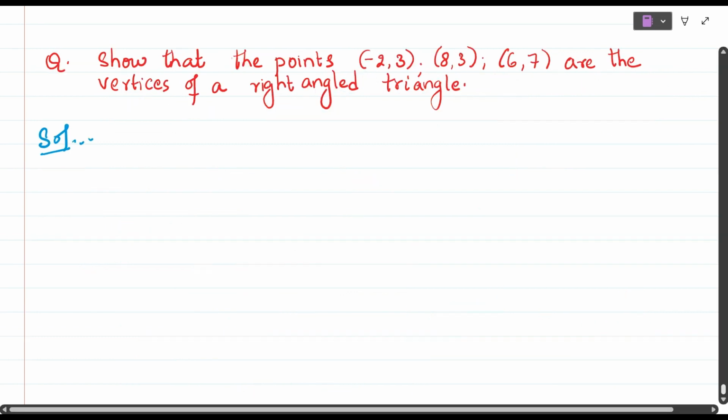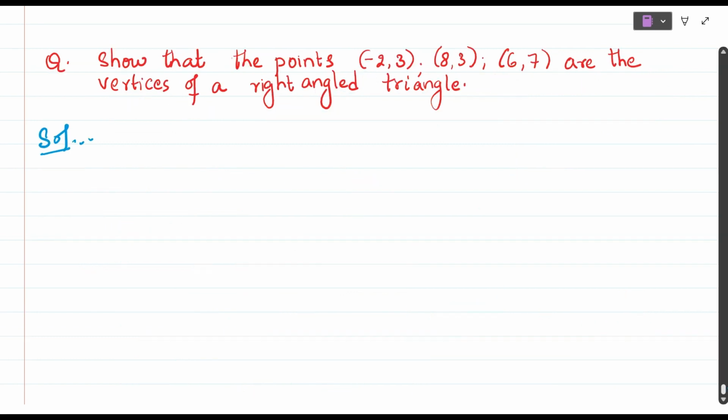Students, the next question is: show that the points (minus 2, 3), (8, 3) and (6, 7) are the vertices of a right-angled triangle. In order to solve this, what we have to think about is the Pythagoras theorem. Suppose we have a right-angled triangle like this.